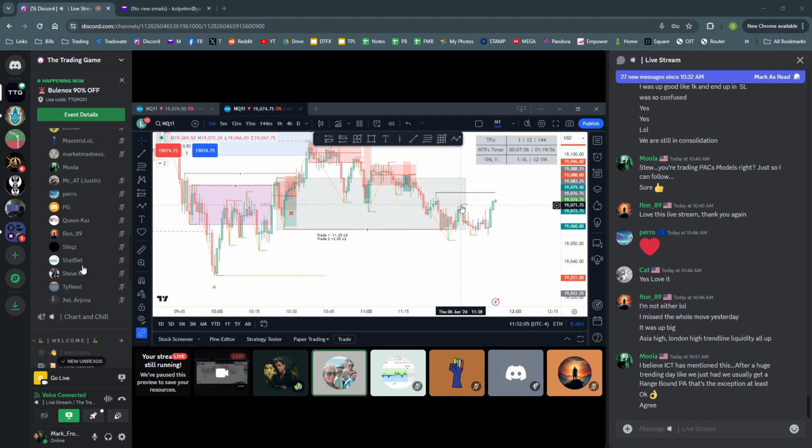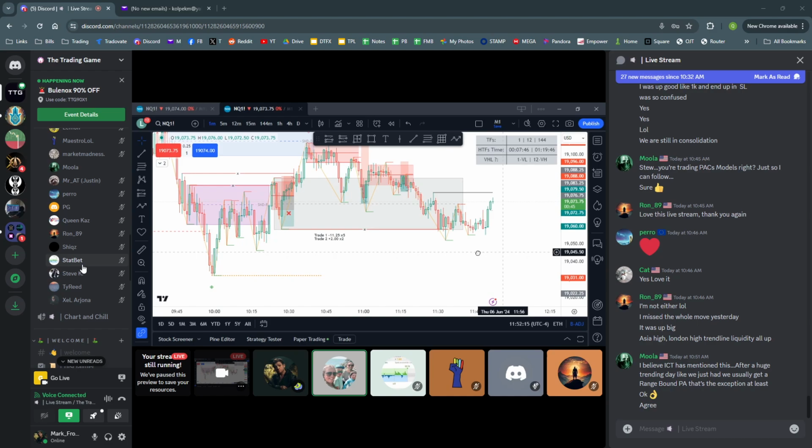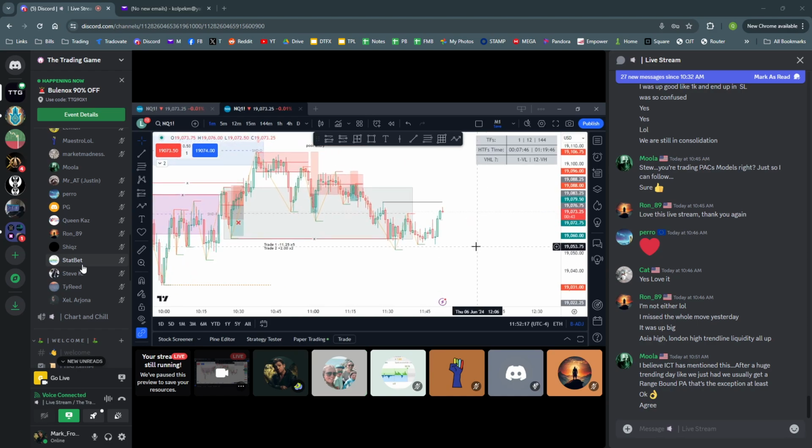Nice. We closed that valid high, so I'd be expecting it to push and take this high now before we get some sort of a pullback and then continue up. Kind of like right here and then up.